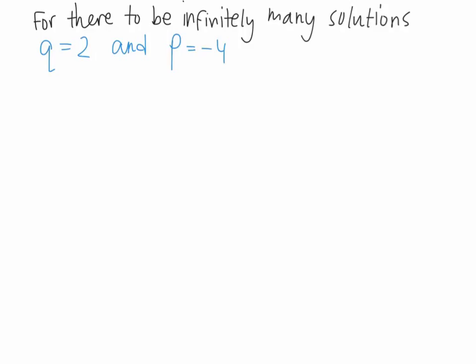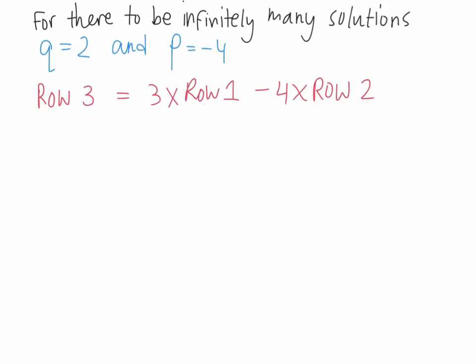So for there to be infinitely many solutions, Q has to equal 2 and P has to equal -4. And this is because this is the necessary condition for one of the equations in the system to be a linear combination of the other equations.